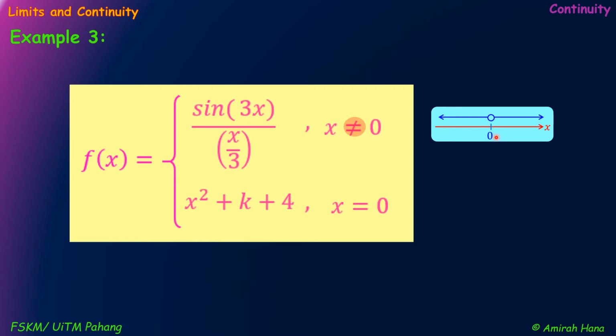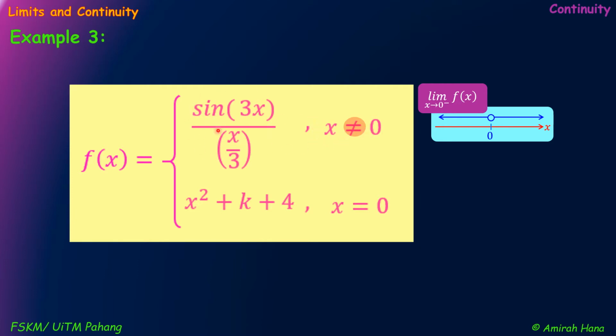Okay, we need to put a hole at x equals 0 because x not equals to 0. X equals any real number except 0. Right? So that means we can draw a real number line from the left and from the right. So we can find the limit as x approaches 0 from the left of f(x) using this function, because this function is for this domain.